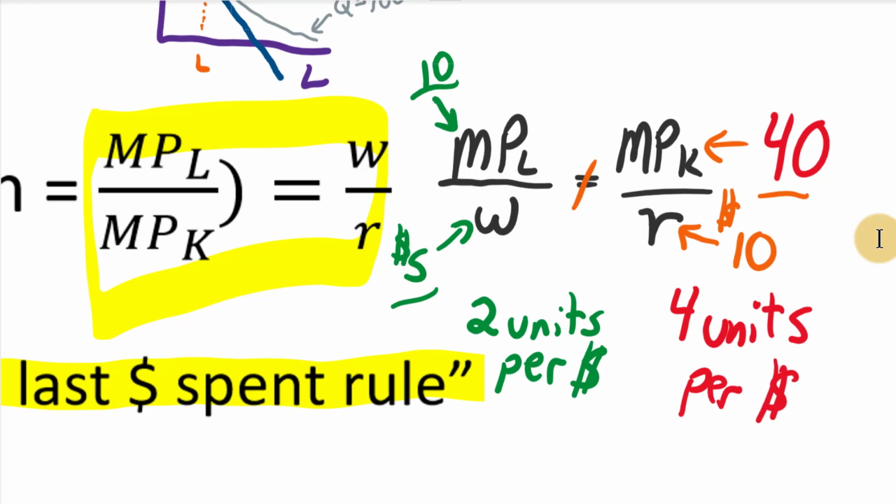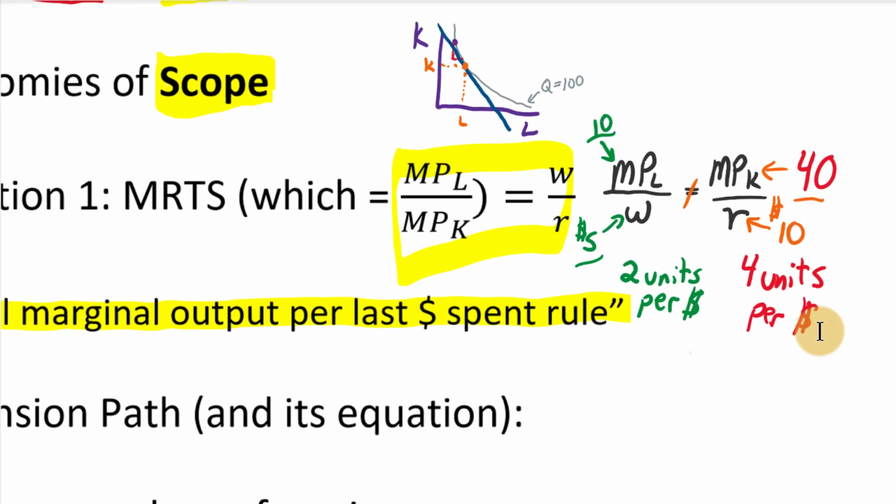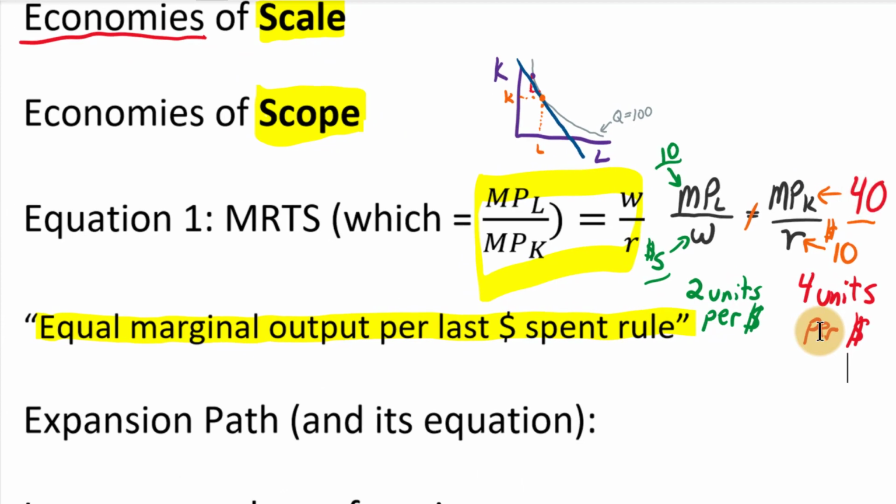So if you're a manager and you have money in your hands and you can imagine yourself just allocating dollars to different resources, always allocate your dollars toward the thing that has given you more additional units of output per dollar you have to spend on it, instead of the thing that gives you less units of additional output per dollar you spend on it, right? So this observation is what we call the equal marginal output per last dollar spent rule. There are other ways people describe this and different terminology people use, but it's all coming down to the same thing there.